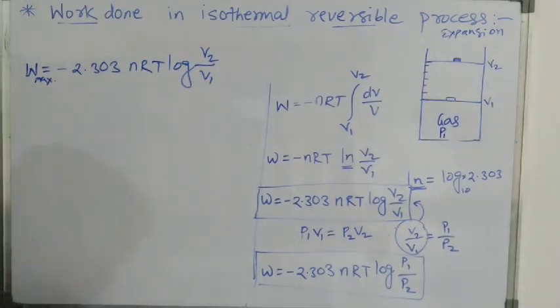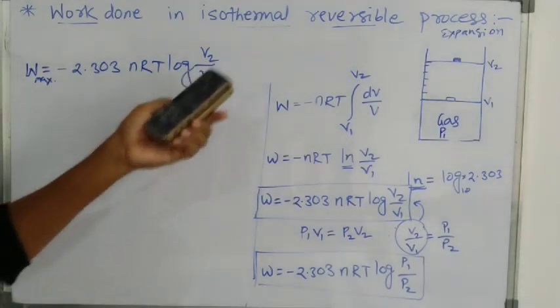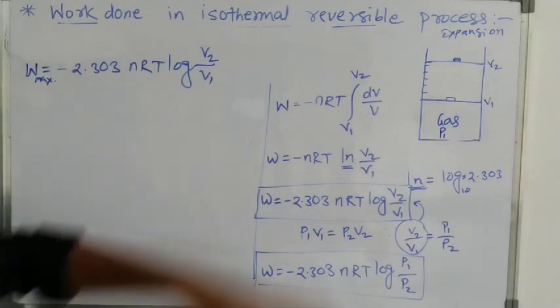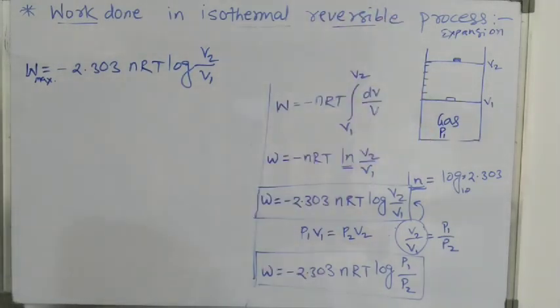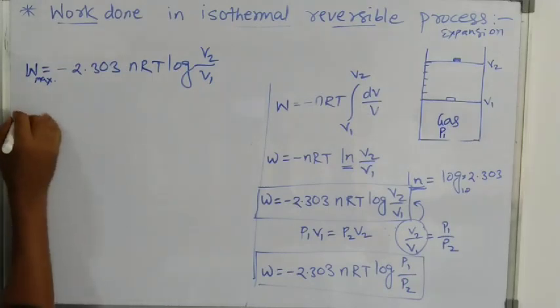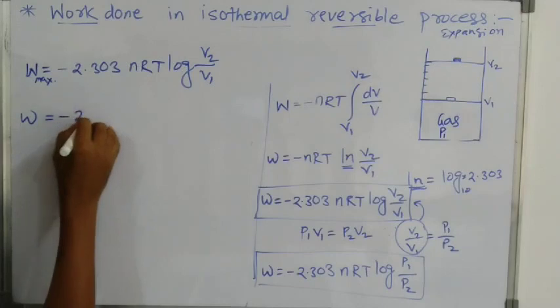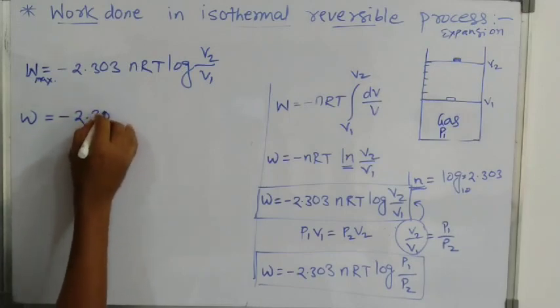If in the numerical problem the change in volume is given, then we can use this formula, or if the expansion or compression is expressed in terms of pressure, then this is the formula which can be used to solve the numerical problem.